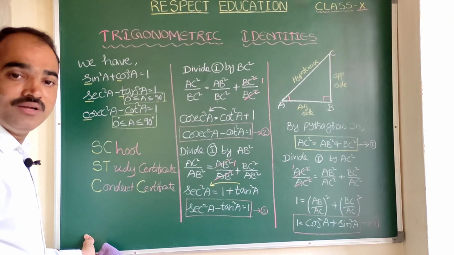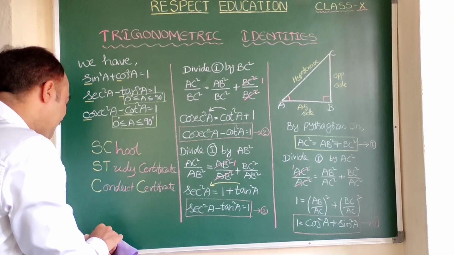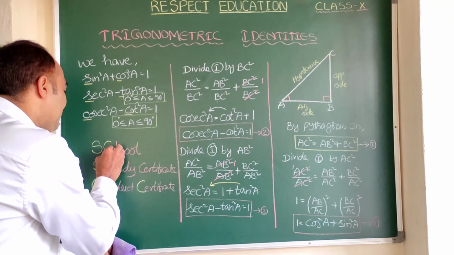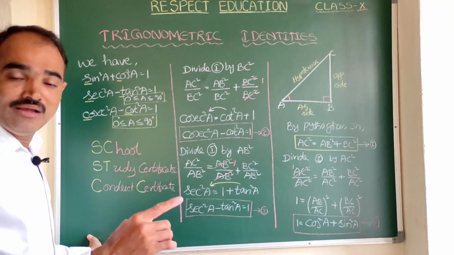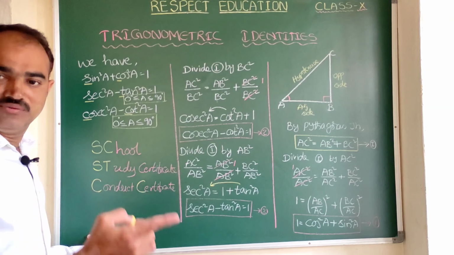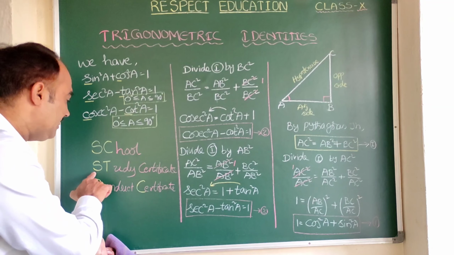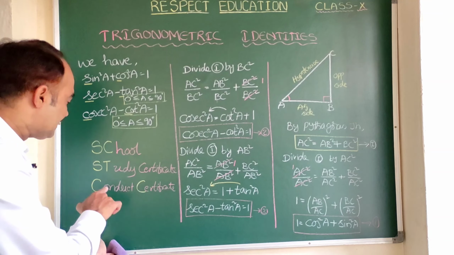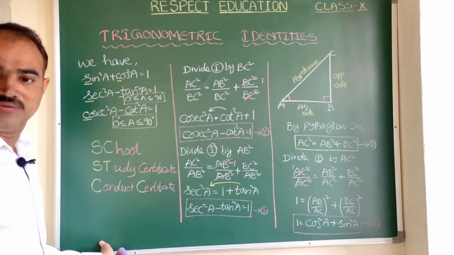Is it clear? Yes, sir. So when you have joined a school, you become a student, and when your course gets completed, immediately they will give 2 certificates: first one is study certificate and second one is conduct certificate.